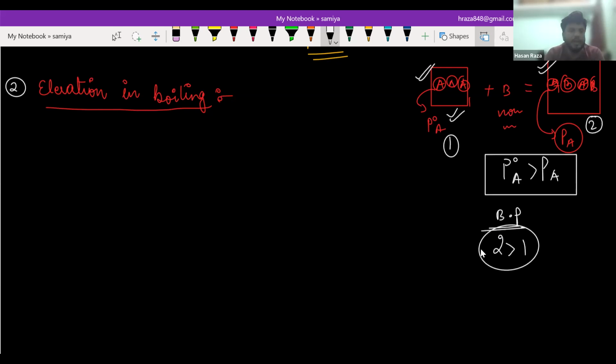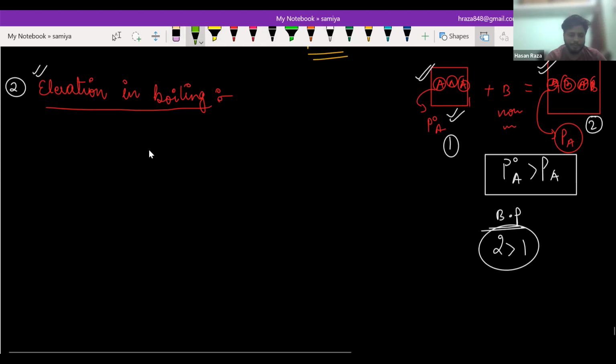Yes, sir. So basically, whenever we add a non-volatile solute, there will be elevation in boiling point. That means the solution will have a higher boiling point than the pure solvent. Are you getting my point?